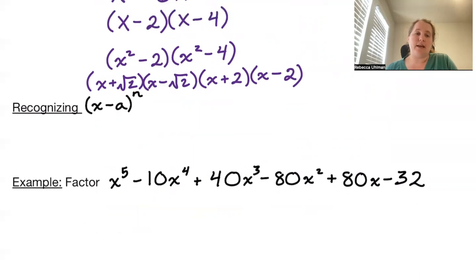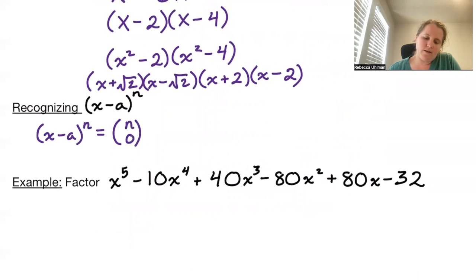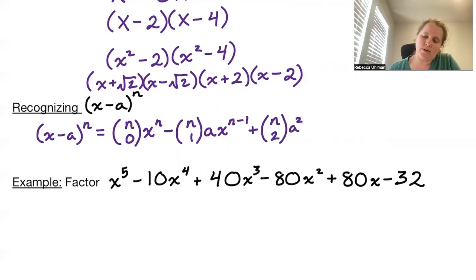recognizing powers of x minus a. So x minus a to the n is n choose 0 times x to the n minus n choose 1 times a times x to the n minus 1 plus n choose 2 times a squared times x to the n minus 2 plus all the way down to n choose n times a to the nth.